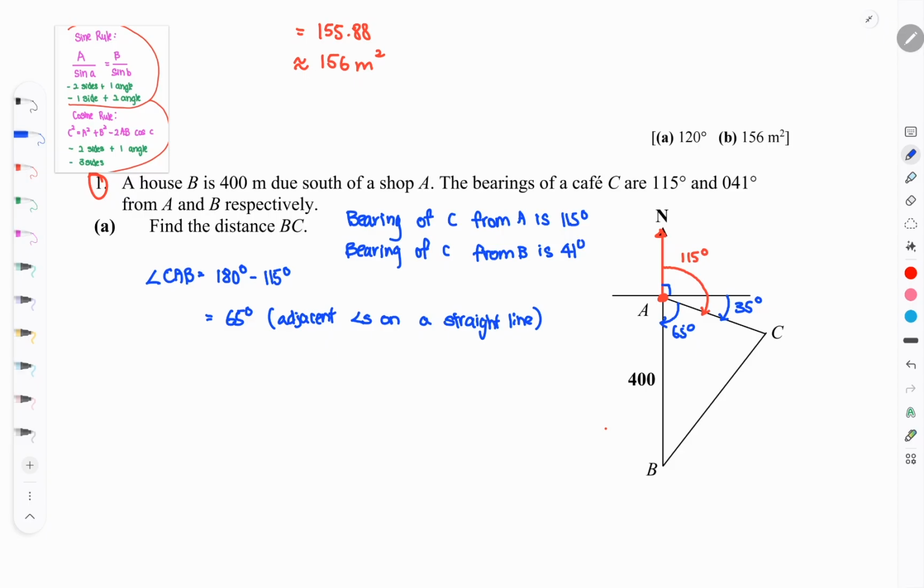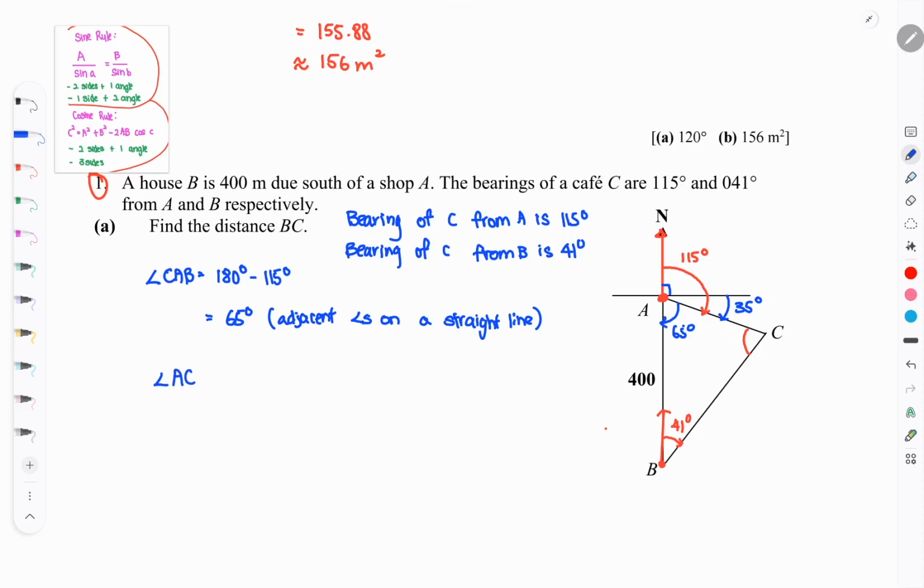I will go to my other piece of info. So bearing of C from B. So from B, I can find this angle. This is my 41 degrees. So now I have these 2 angles already. I can also find my angle ACB.